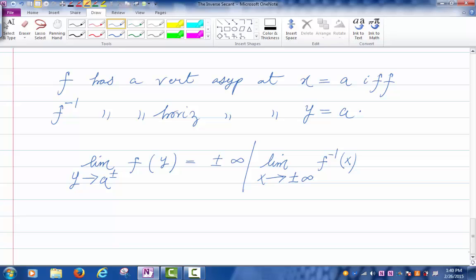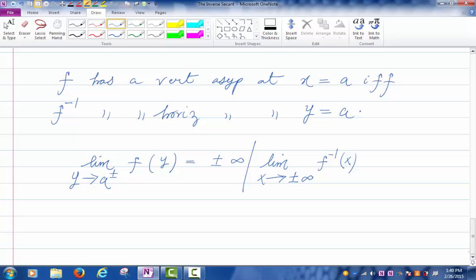What does it mean to say that f has a vertical asymptote at a? What does it mean? Let's say a is right here. This is my y-axis. Well, this is the vertical line at x equals a, let's say. And what does it mean to say that I have a vertical asymptote? It means that on the left side of a or on the right side of a, the function goes to infinity or negative infinity, right? That's the meaning of vertical asymptote.